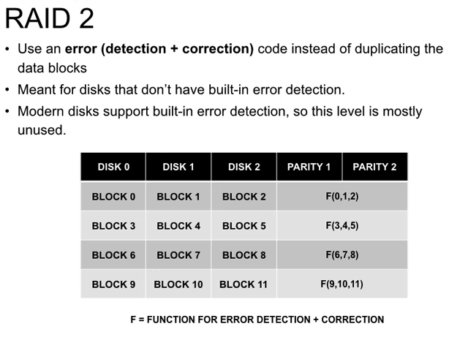RAID 2 is no longer relevant because most of the modern disks have built-in error detection. If a disk block fails or becomes corrupted, internally the disk controller is able to detect such data corruption and map the bad block to a new data block. If on the other hand the disk fails irreparably, that is, you are no longer able to access the data, then the disk controller is able to signal to the operating system that the entire disk has failed.